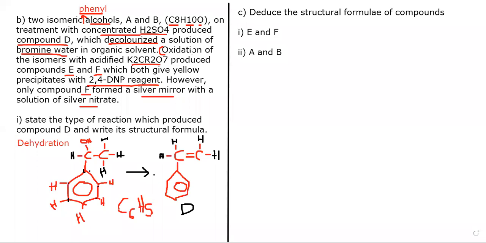All right, so now they want us to deduce the structural formula of E and F, A and B. So F is the aldehyde, so let us just do that. So remember, what's going on here?